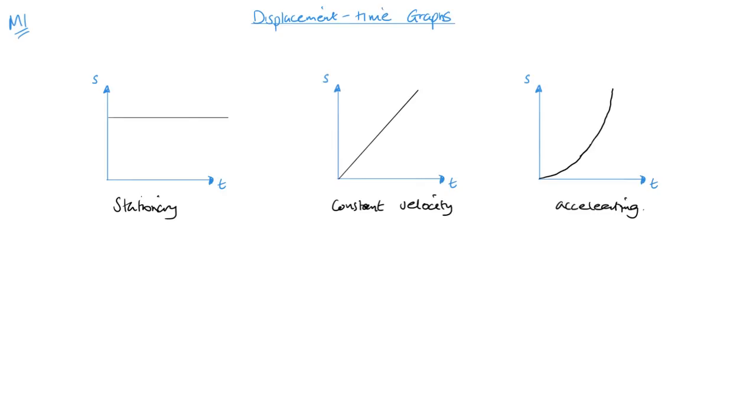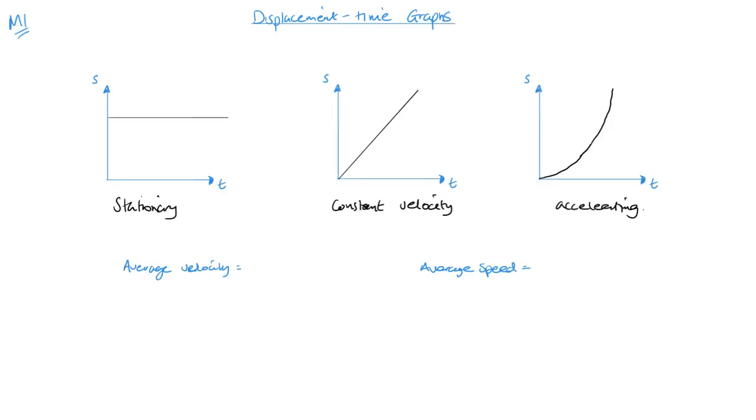Now let's talk about the difference between velocity and speed, so average velocity and average speed, because they're two different things.